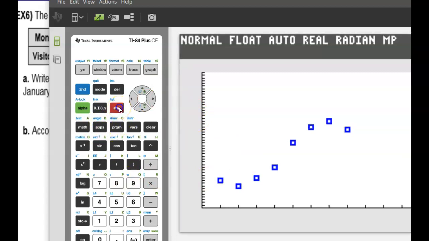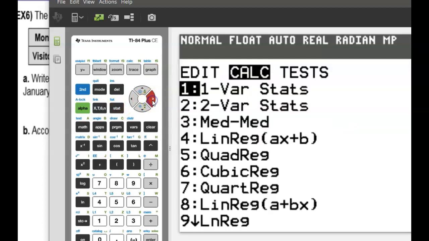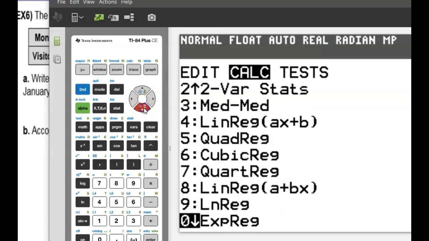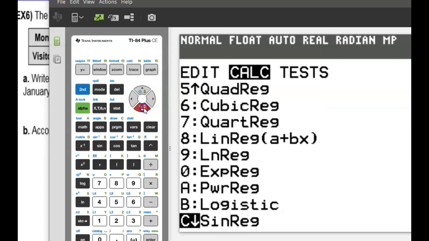Here we go. Stat. Right arrow. Can you find sine regression in this mess? If you go all the way down, it's choice C, sine regression. Did you find it? It's faster if you go up, if you get practice in this, but sine regression, okay?